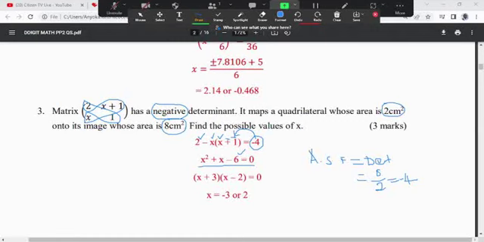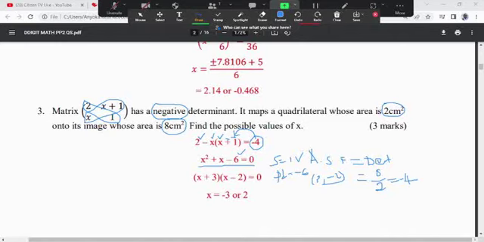Then we solve this equation quadratically using the factorization method, where we have the sum as 1 and the product as negative 6. So two numbers that you add, you get 1, you multiply, you get negative 6: 3 and negative 2.